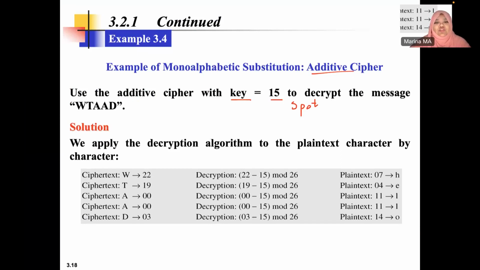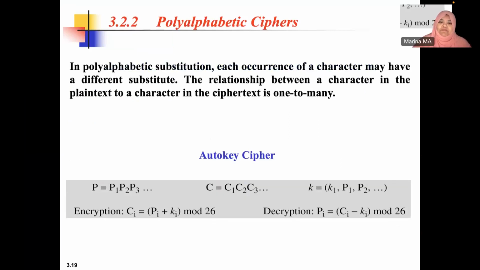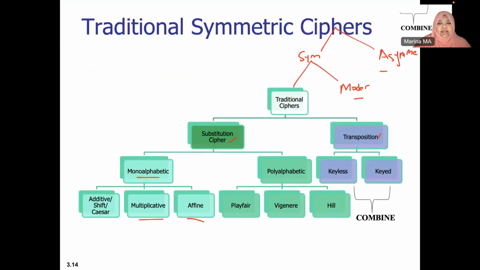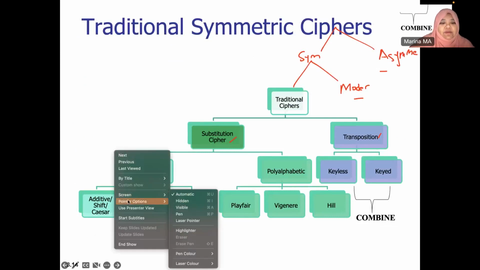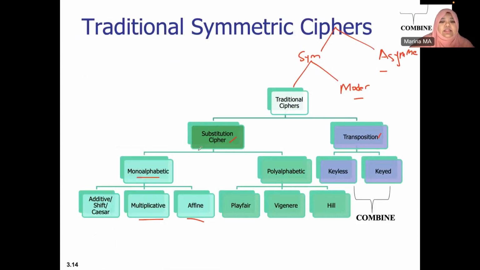So from this, I'm just going to explain one example of monoalphabetic substitution, a traditional symmetric cipher, which is additive. Multiplicative is the same.